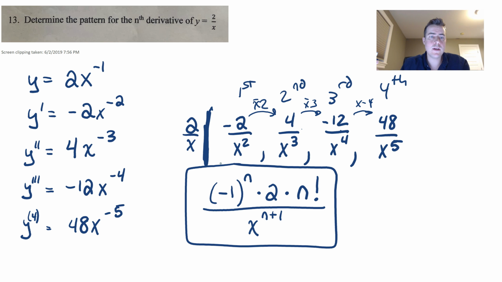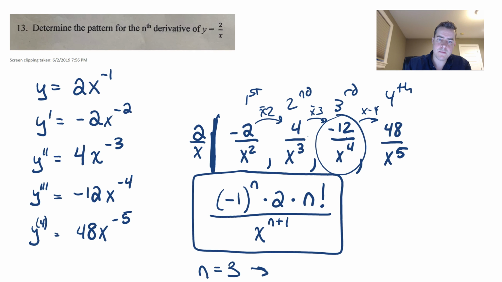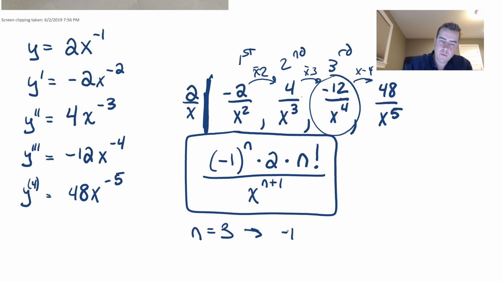And if you wanted to, you can go ahead and test this out. Let's see if this works to give me the third derivative here. If I put this in, that would simply be negative 1 to the third times 2 times 3 factorial all over x to the 3 plus 1.